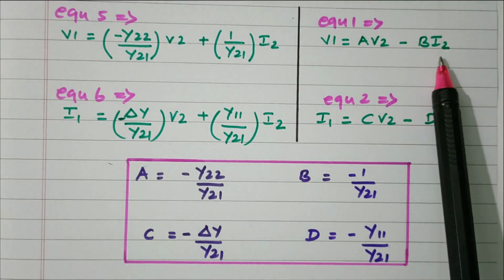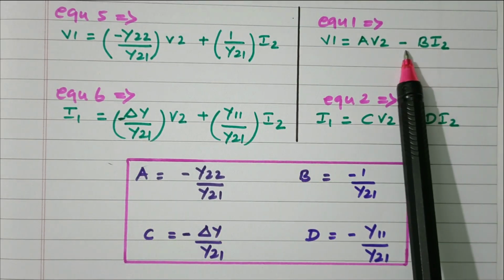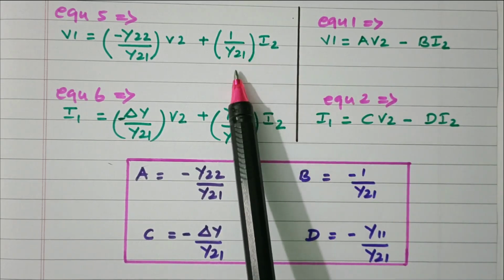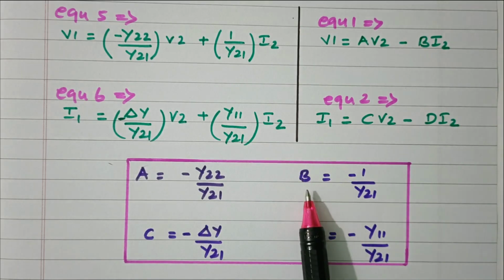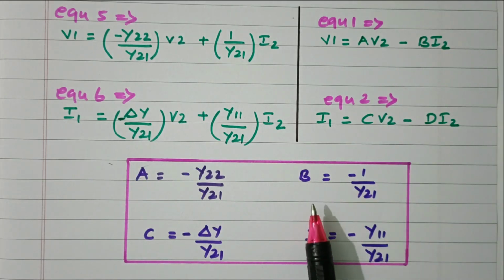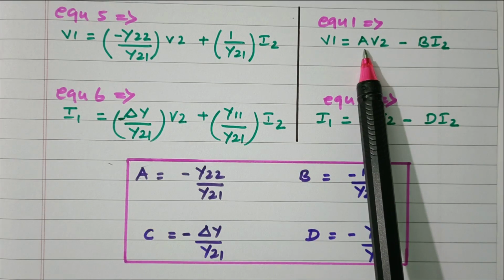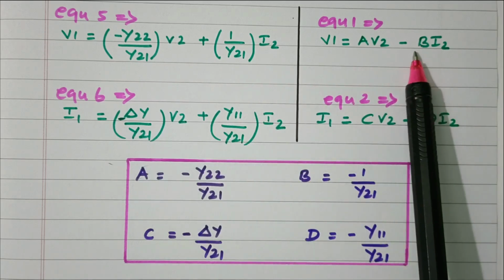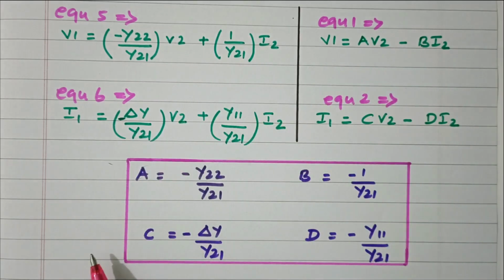Similarly, the coefficient of I2 is minus B. Here the coefficient of I2 is 1 divided by Y21. So B equal to minus 1 divided by Y21, because of the negative we got minus here. So A is equal to this term, and minus B is equal to this term.